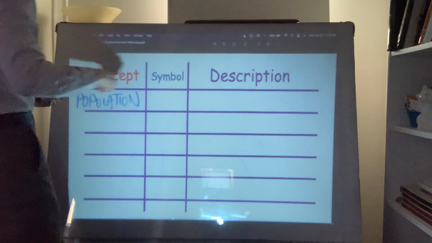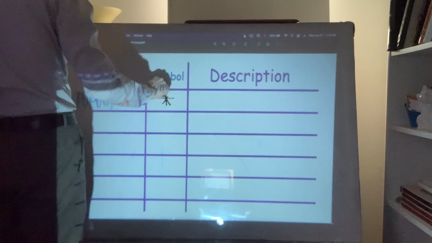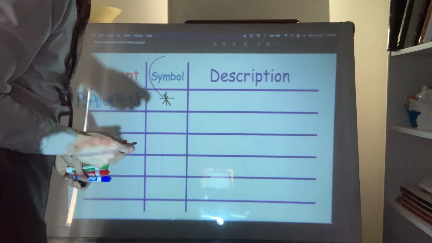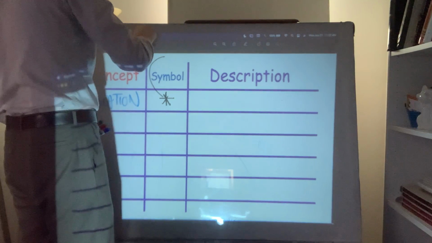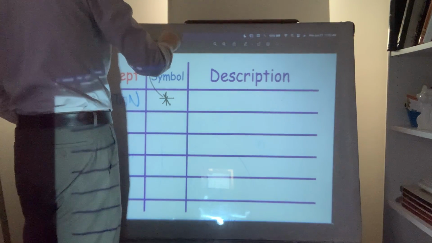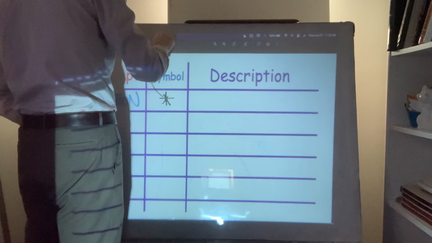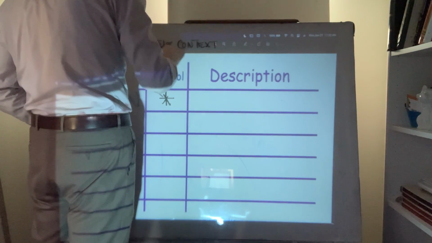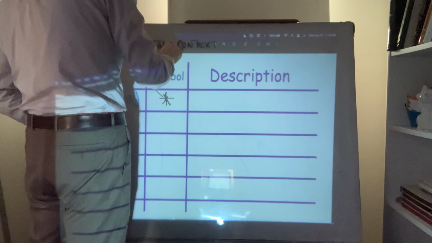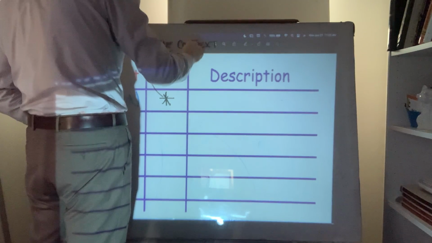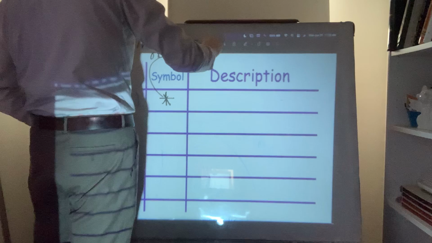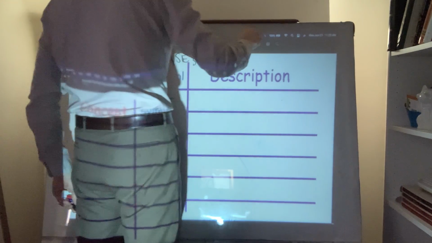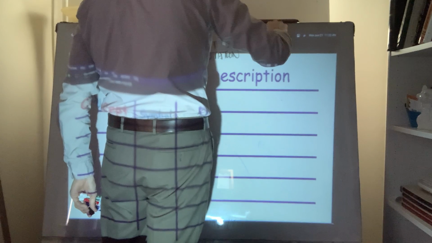Just as a little side note here, there's no symbol that I'm really going to be using here. In the context of set notation, remember sets, fancy braces? This might be the universal set.